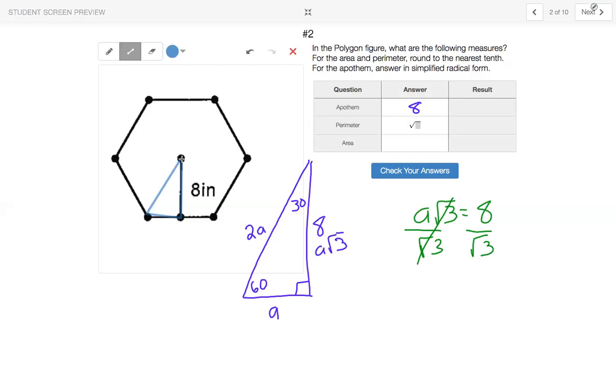Well, we don't like radicals in the denominator, so we have to rationalize it. Multiply top and bottom by radical 3. We get 8 radical 3 over a radical times itself just gives you what number is under the radicals, 3. This is A.